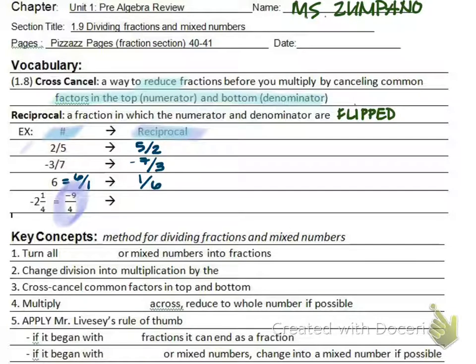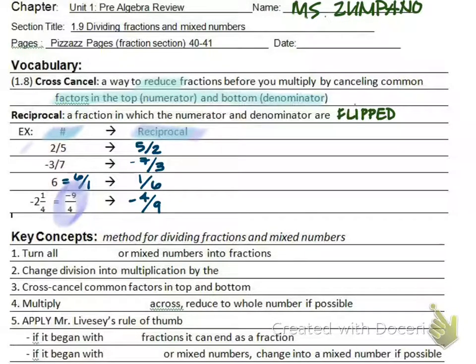So negative 2 1/4 can be converted into negative 9 over 4. And I'm going to convert this into its reciprocal by flipping the numerator and denominator and making it negative 4 over 9.